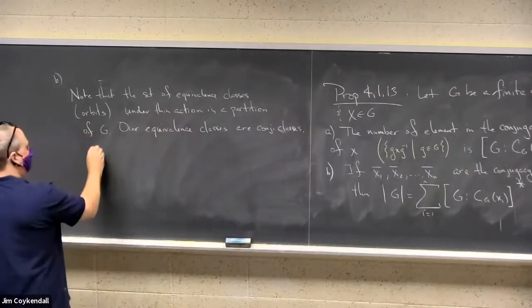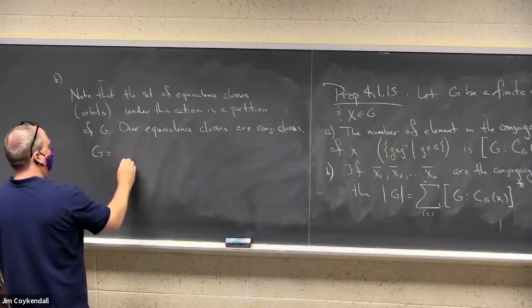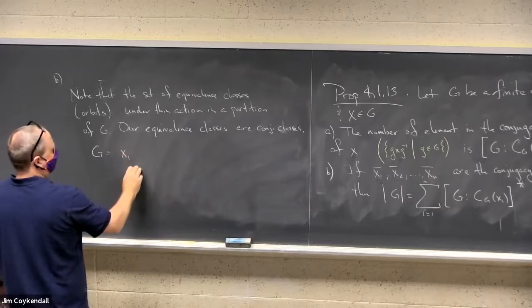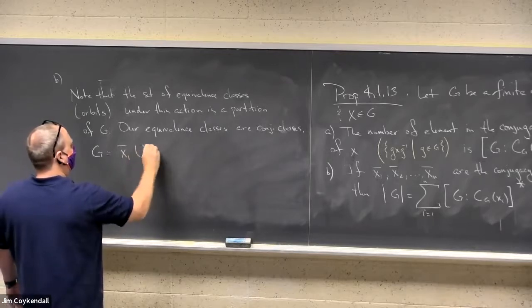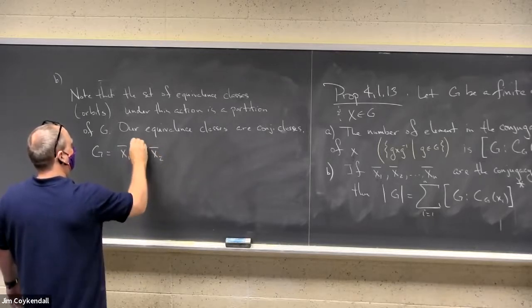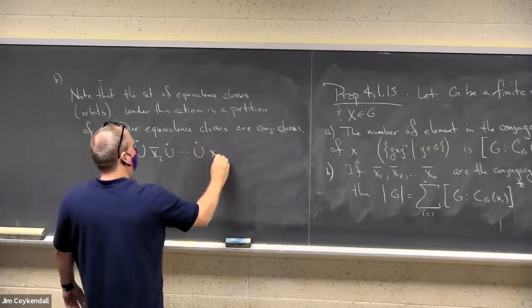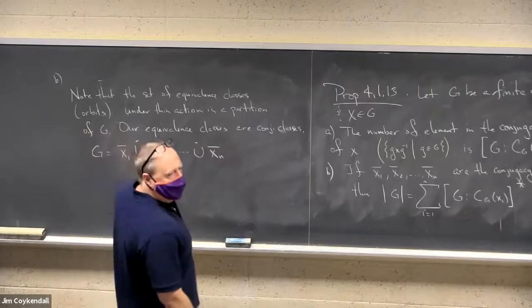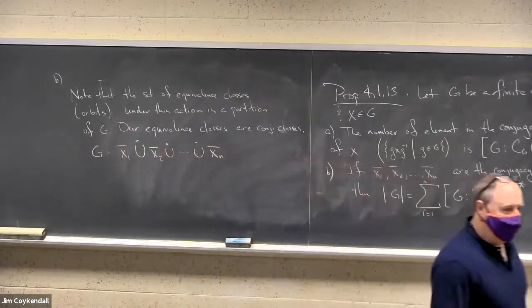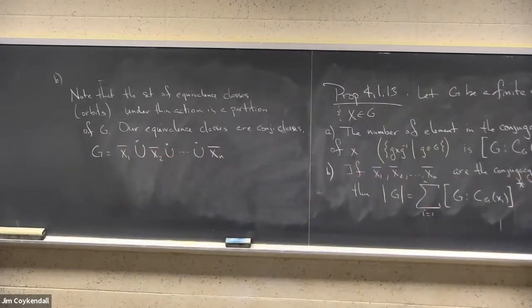Notice that G is equal to the equivalence class of x1 union the equivalence class of x2, union the equivalence class of xn. I put those dots over the union to emphasize the fact that this is a disjoint union. If you remember, two equivalence classes are either exactly the same or they have an empty intersection.